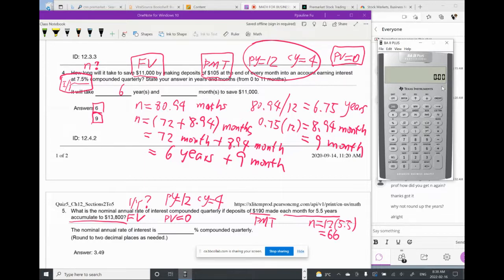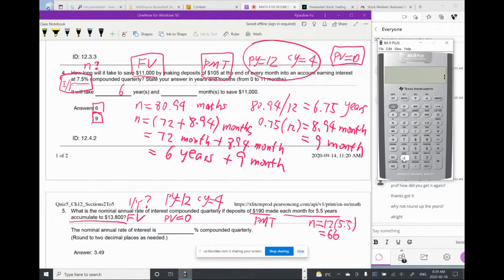All right, so set up PY. PY is 12, enter. Down arrow key. CY is 4. Second quiz. I'll double check. PY is 12, CY is 4. Okay.